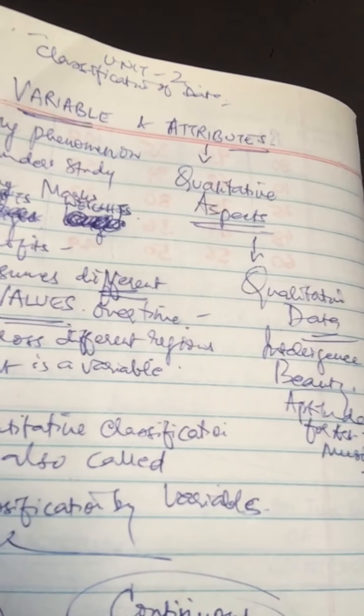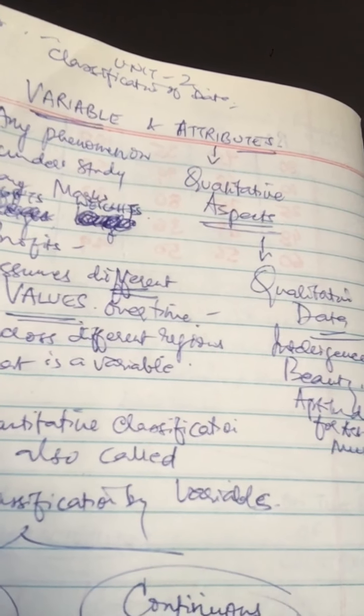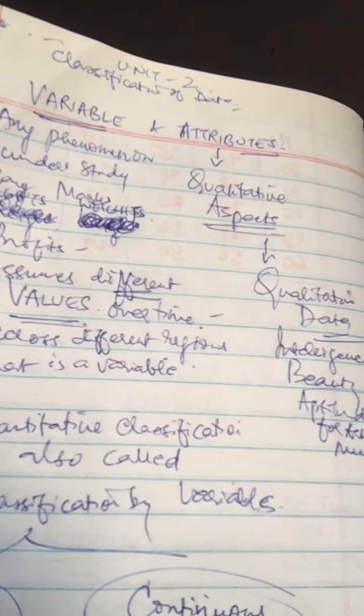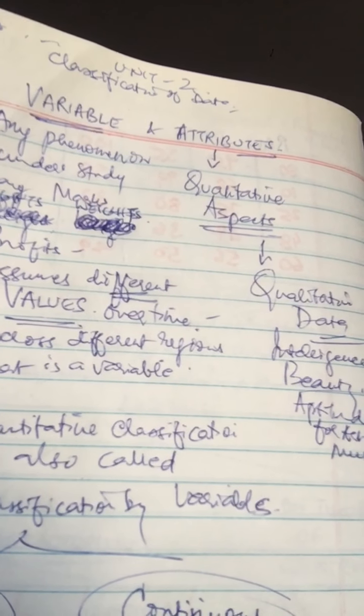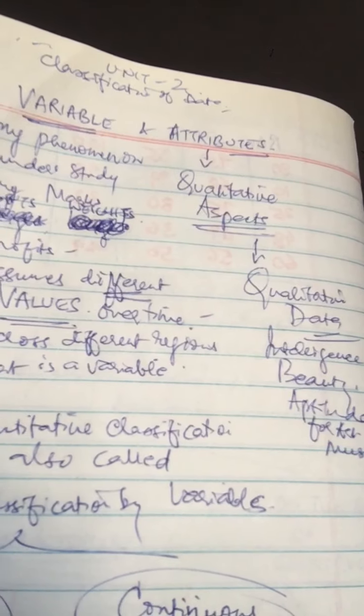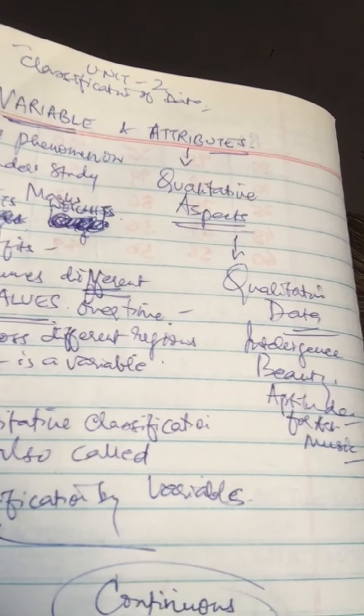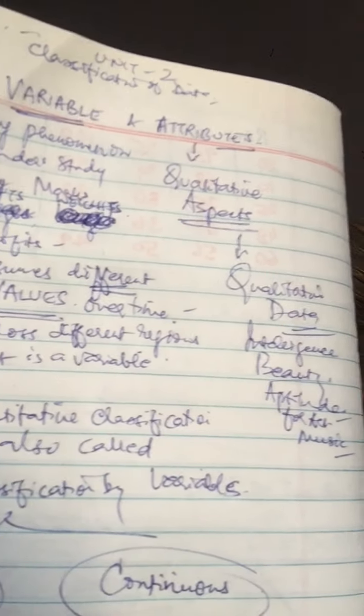That also you must take into account. For example, age is measured in years, height in inches or centimeters, weight in kilograms, income in rupees, and so on. The variable thus implies a characteristic of an item which can be expressed in numerical terms. So that is what is known as a variable.